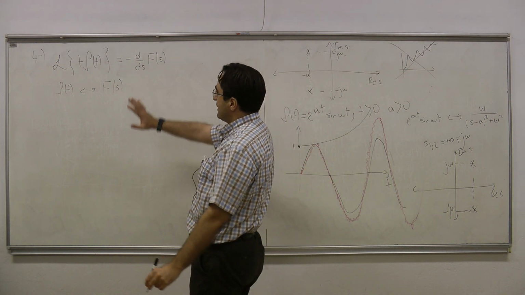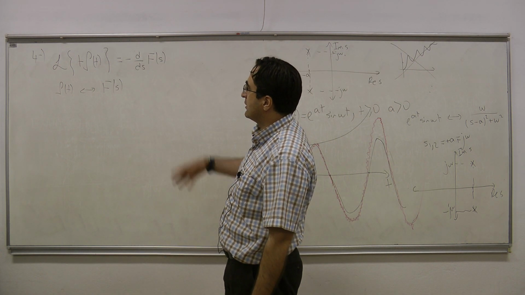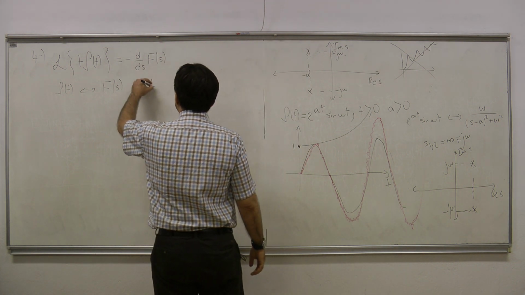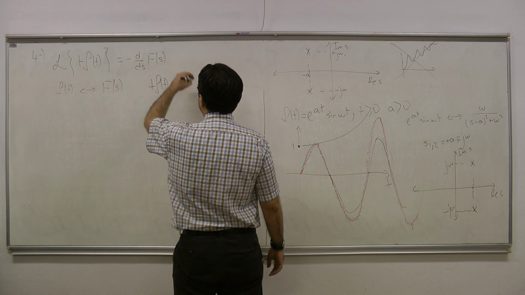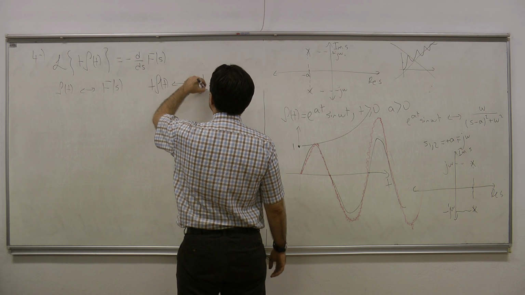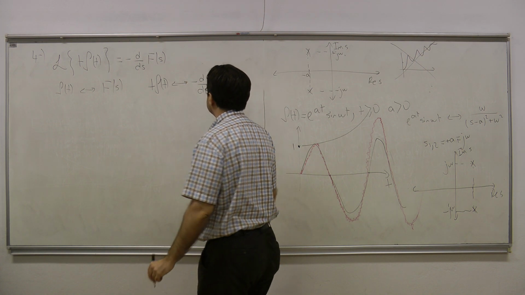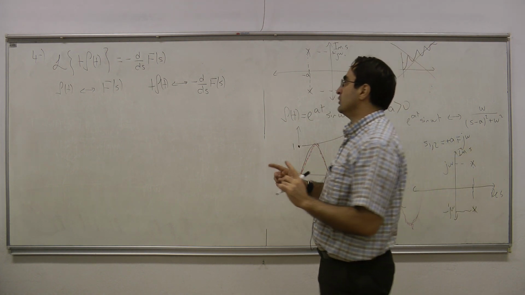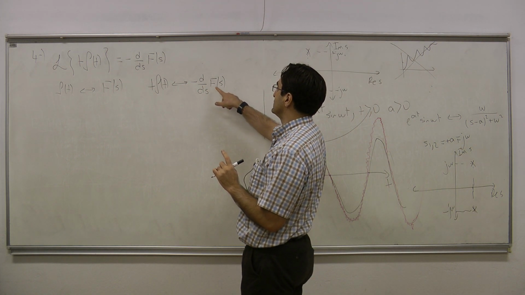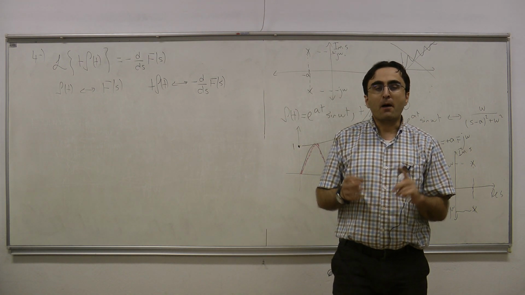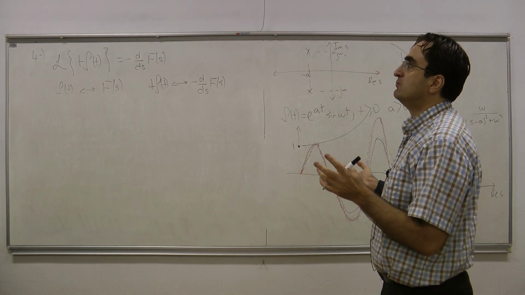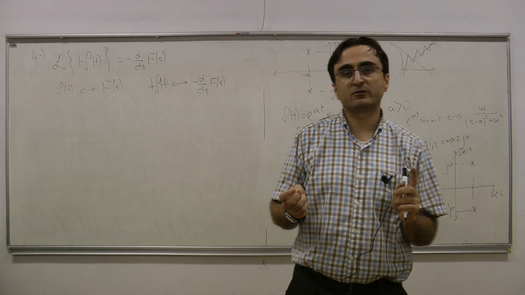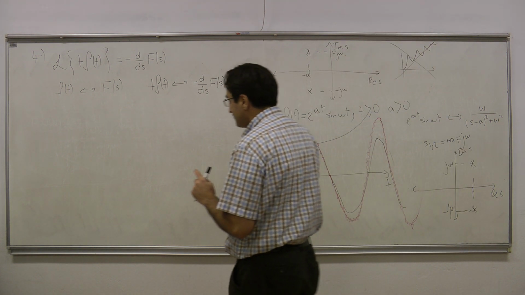In this case, instead of multiplying the function with an exponential, I'm multiplying the function with a polynomial, which is equal to t. Okay? T times f of t, then it has the Laplace transformation, minus d over ds, capital F of s. Okay? So multiplication by t in time domain corresponds to the negative derivative with respect to s in Laplace domain. Multiplication by t in time domain corresponds to a negative derivative with respect to s in the Laplace domain.